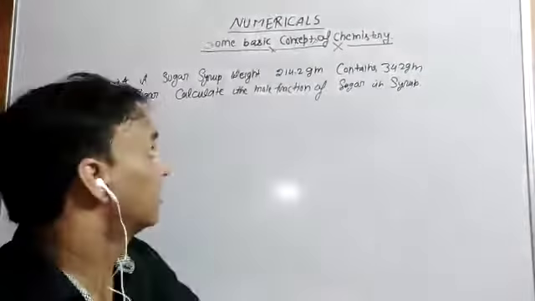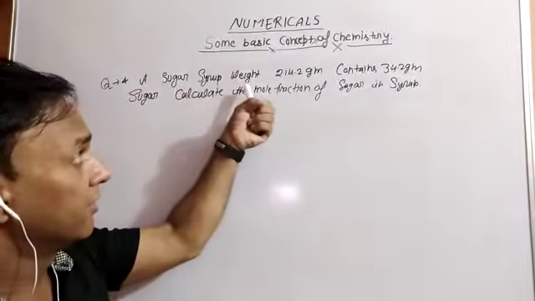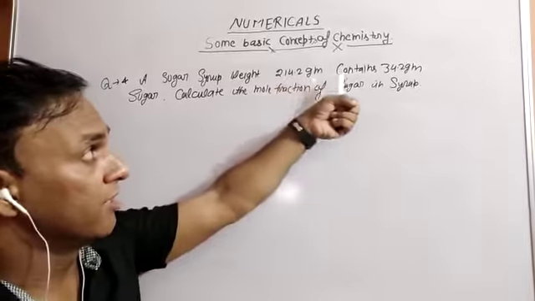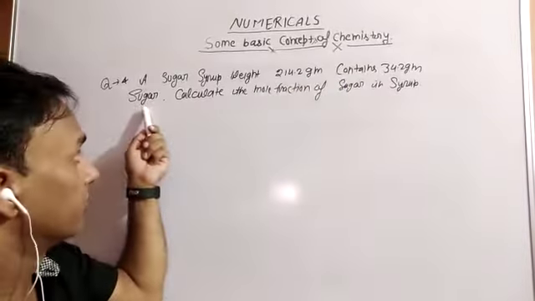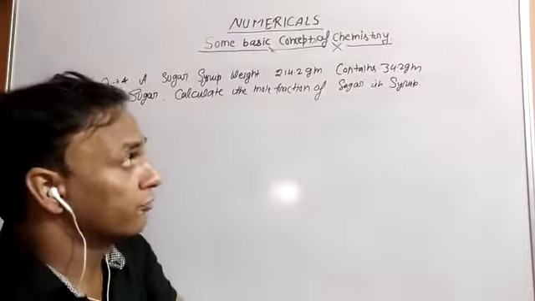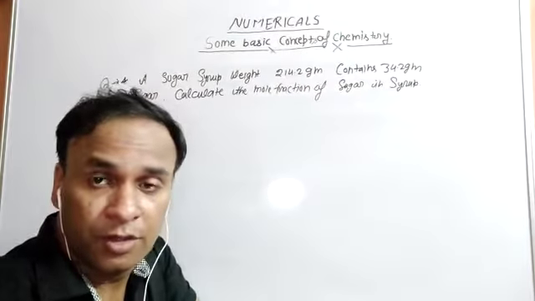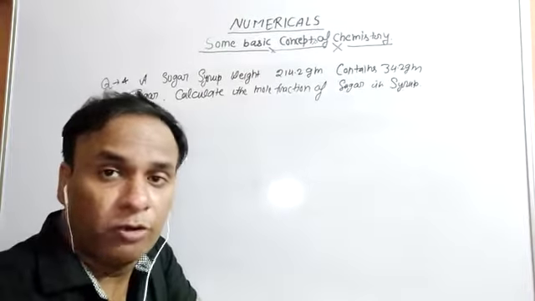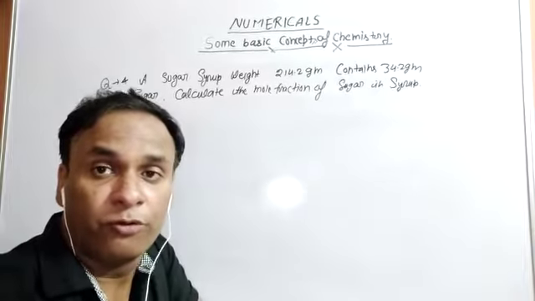So the next numerical: a sugar syrup weighing 214.2 gram contains 34.2 gram sugar. Calculate the mole fraction of sugar in syrup. Mole fraction is calculated out of 1.